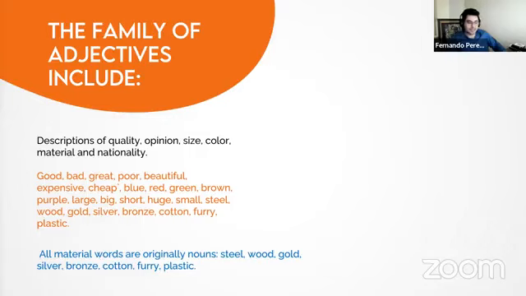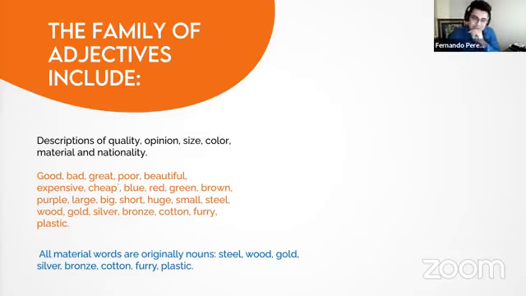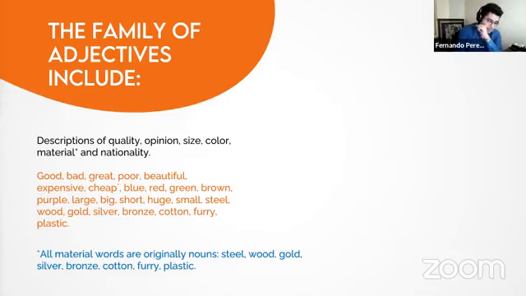This means that you can use the noun as an adjective. Some words have double functionality. You can use it as an adjective or you can use it as a noun. Materials have this quality. Yes, do you understand what I'm trying to say here? Or not?